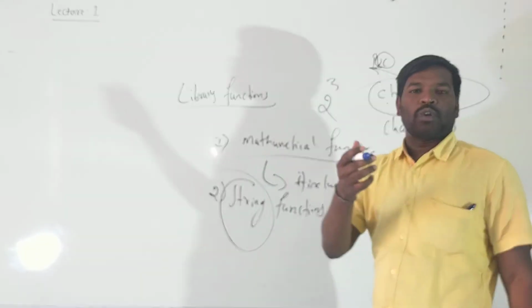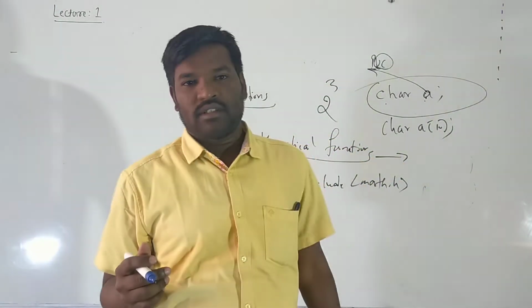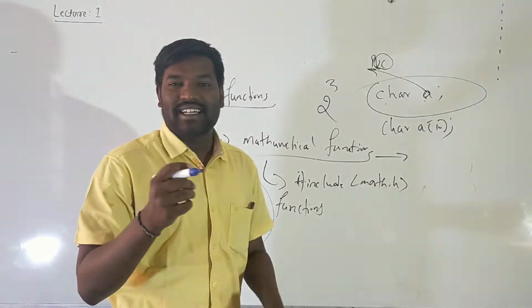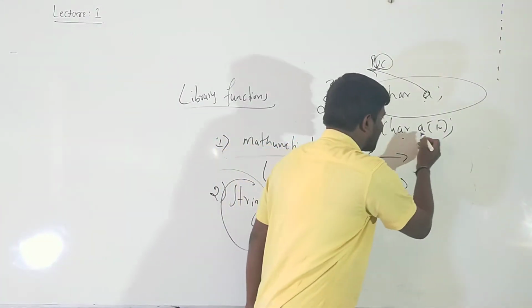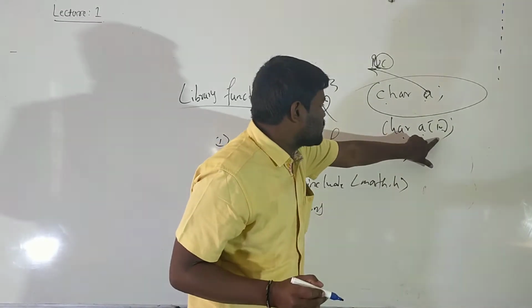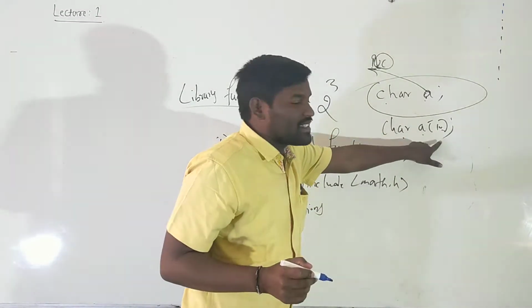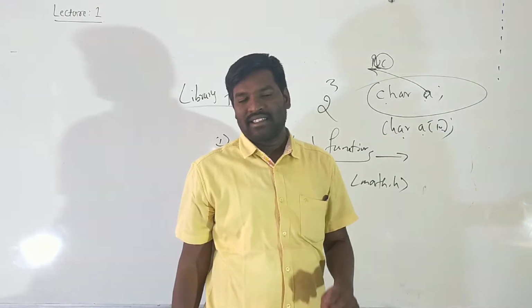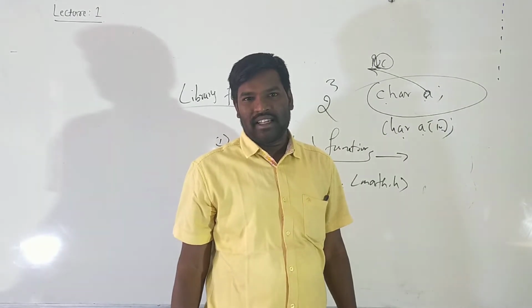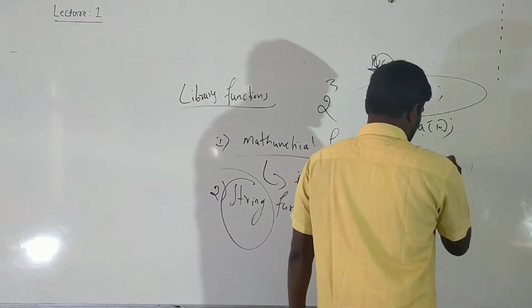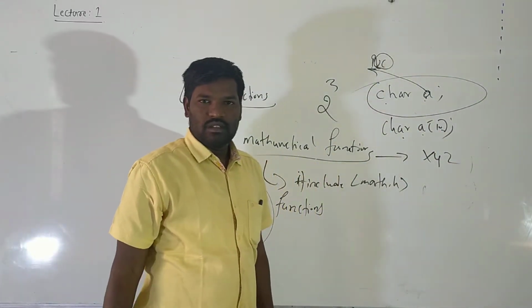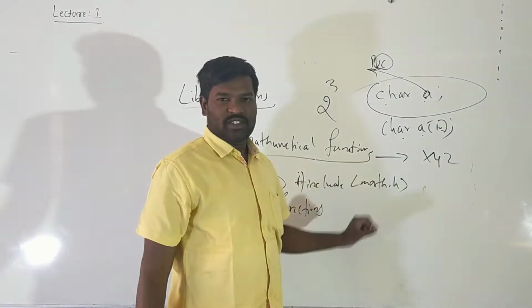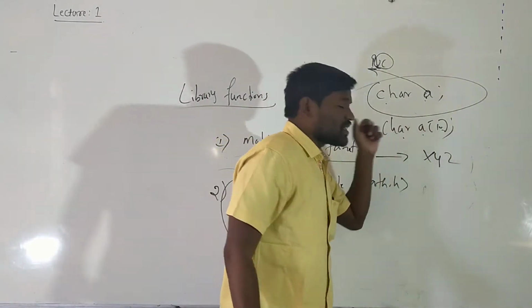If you want to store particular names, then we go to the string. A string is a collection of characters. Char a[10] means you can store a maximum of 10 characters in a. For example, I can give the input value as PUC or XYZ, and XYZ is stored in a.